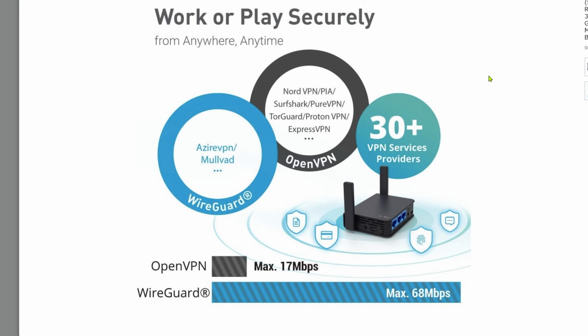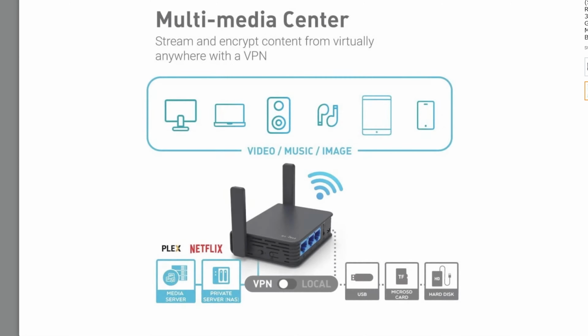In the next illustration, we can see some of the features that the device has. It has a throughput of up to 17 megabit per second on VPN. It has some multimedia functions as well.